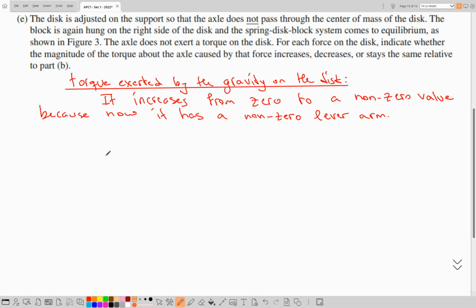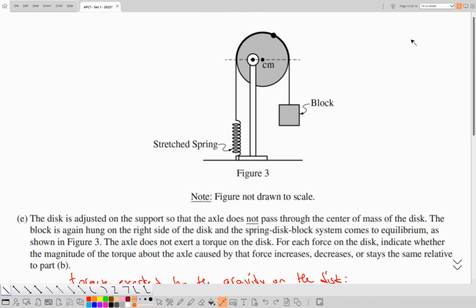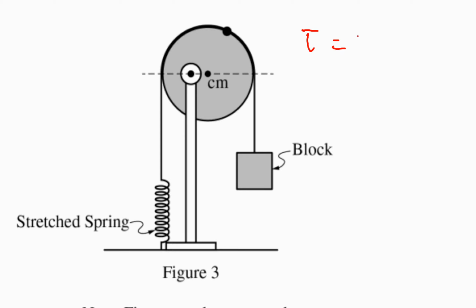And now let's continue with the torque exerted by the tension. And here we're talking about the tension provided by the string and not the spring. And remember, the torque is about force and distance. Now here, the force didn't change in magnitude because it's again equal to m_b multiplied by g.